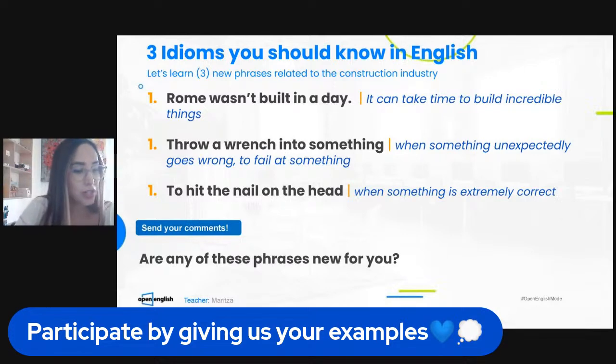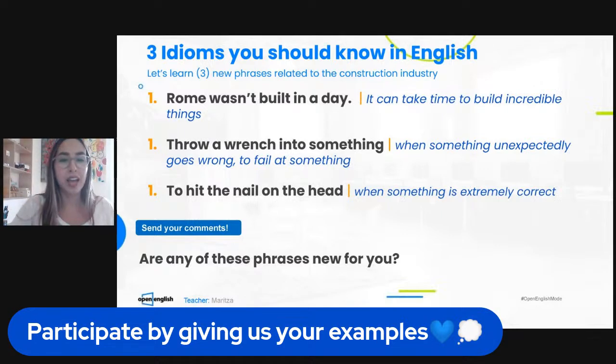Okay, so this is another idiom, another creative expression to say that something was a fail. All right, and number three, to hit the nail on the head. We aren't literally talking about a nail. We're not talking about heads.